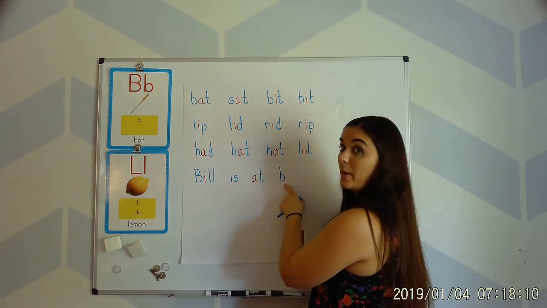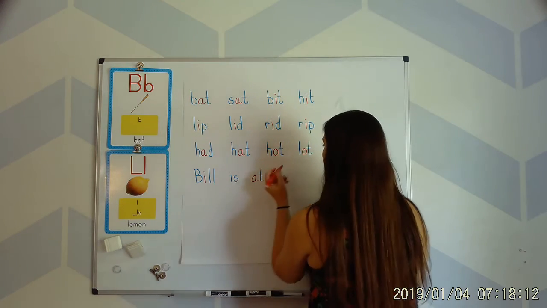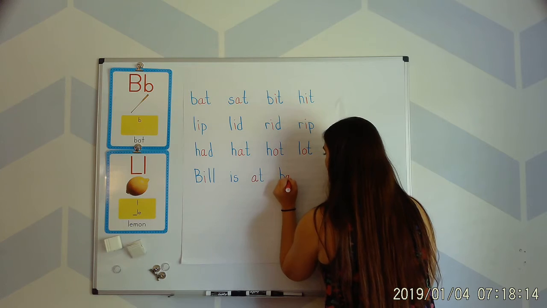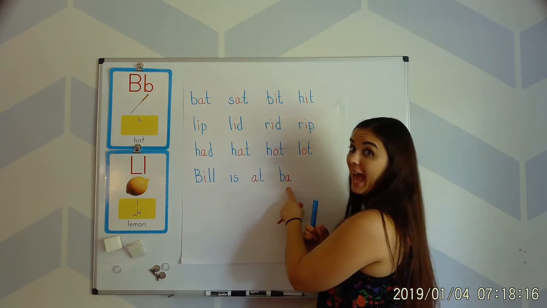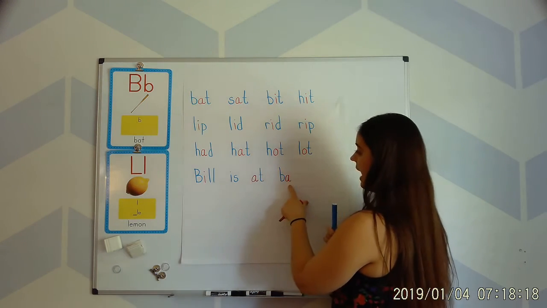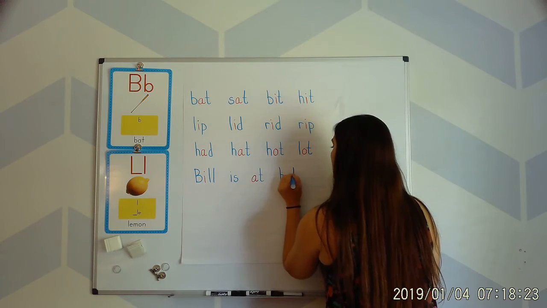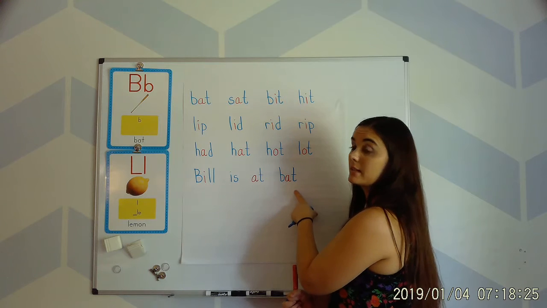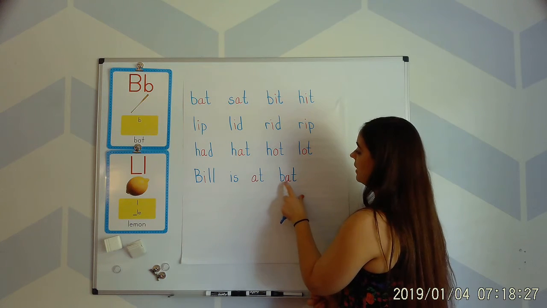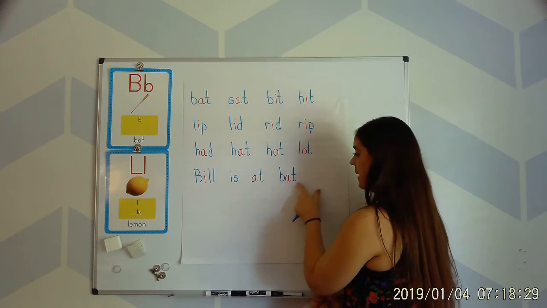And B says what? Ba. A says ba. And T says what? Ta. Let's blend. Ba, at, bat.